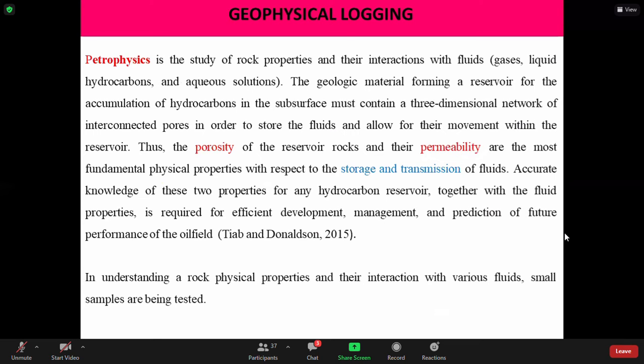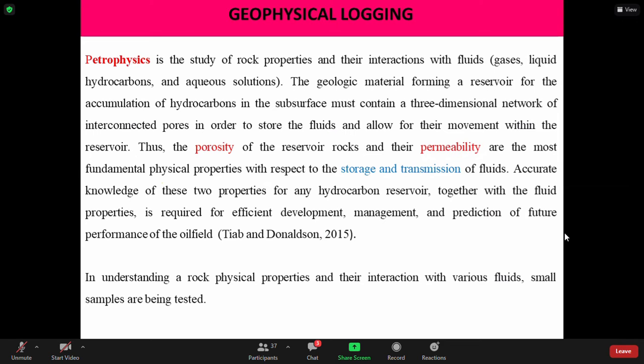Most especially, we carry this out for us to be able to detect and evaluate the hydrocarbon prospects. So it enables us to see how the rock properties interact with the fluid. From there, we can determine all these parameters.